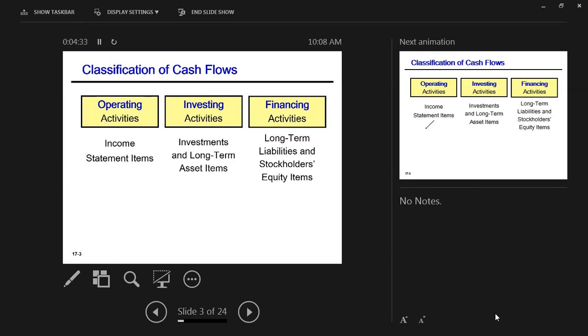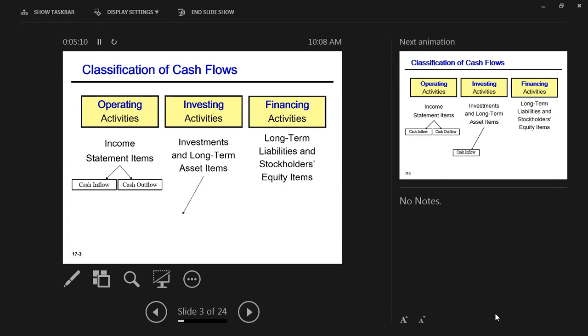So you have to be very careful to divide this classification. You cannot transfer operating activities to investing. You cannot transfer investing to financing. You cannot transfer these kinds of activities from one place to another place, and for every activity we have cash inflow and cash outflow.